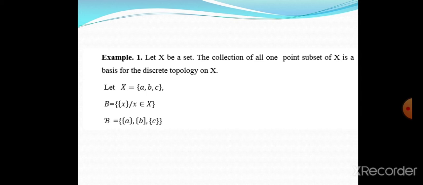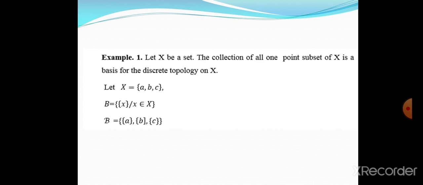Capital X equals what? That is the set {a, b, c}. So the basis element is of the form singleton set {x}. The script B is a basis.